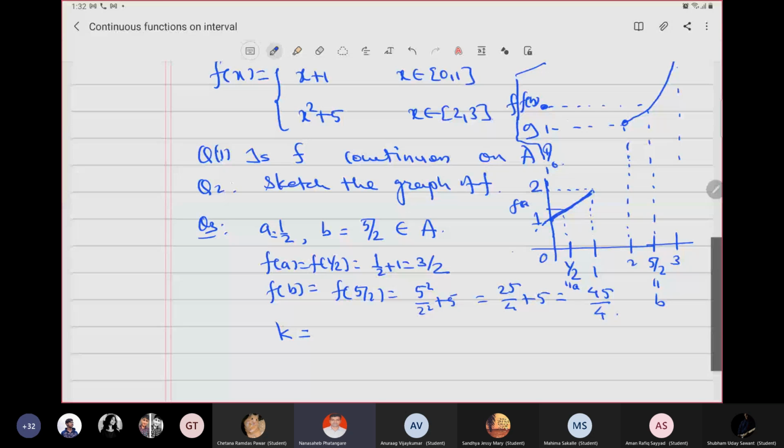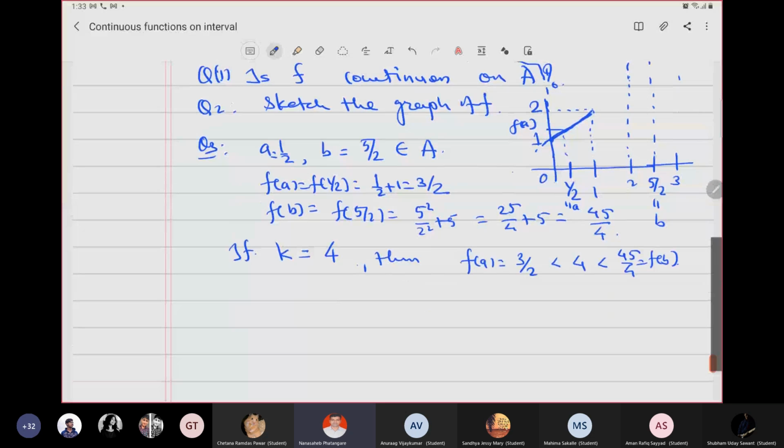F of a is here. So now if I take k is equal to, for example, 4, then can I say that f of a is equal to 3 by 2, less than 4, less than 45 by 4, which is f of b? Is it true? 4 lies in between f of a and f of b if a is 1 by 2 and b is 5 by 2. Is it true? Yes, sir.